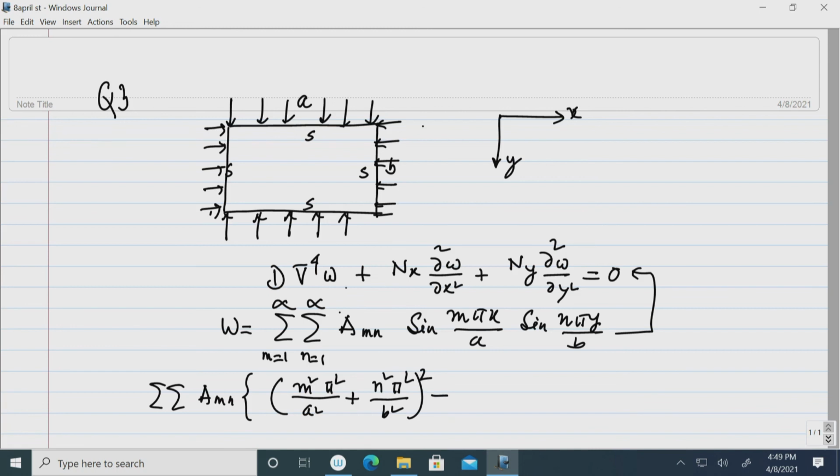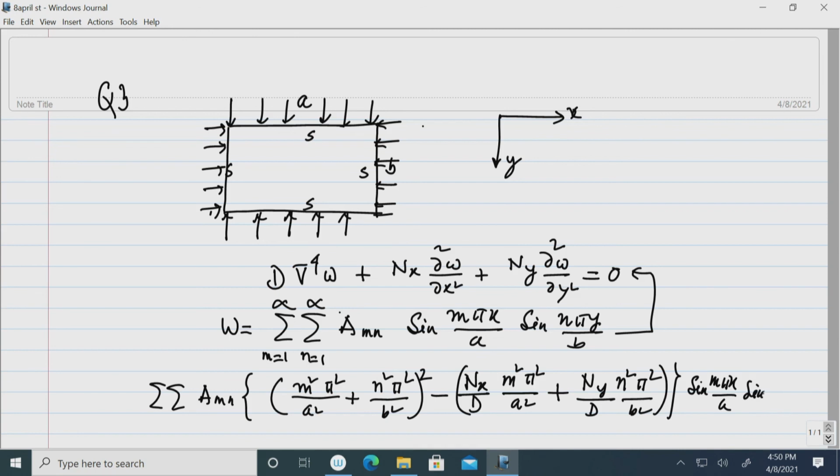I have divided both sides by D. So, here I will get N_x by D times m² π² by a², plus N_y by D times n² π² by b², and then sine functions are appearing, equal to 0. So, after substituting this we arrive at this equation.